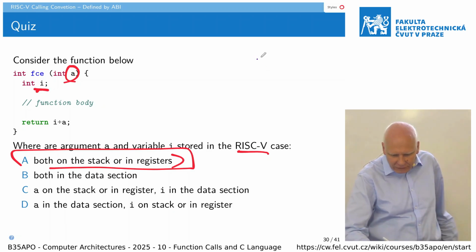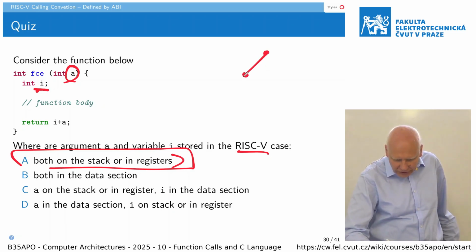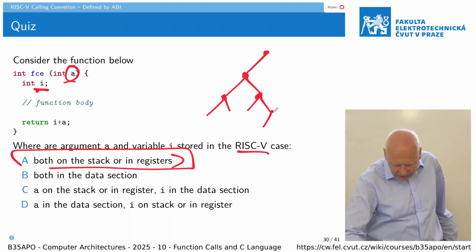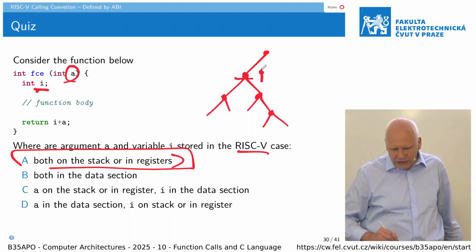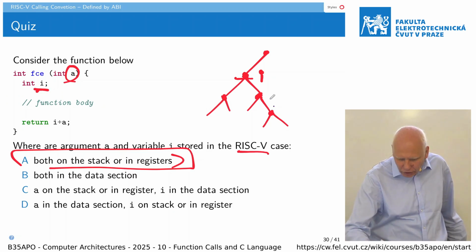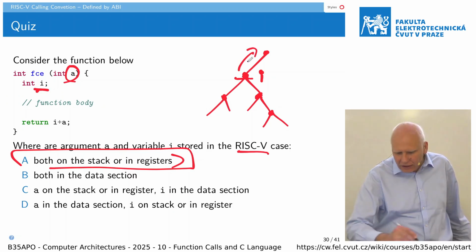So if I have a function which calls other functions and so on, you have that call tree. If, for example, there is the I as an automatic variable, then you need to ensure that it survives over the whole calling of those, but when you return back, it should be deallocated.